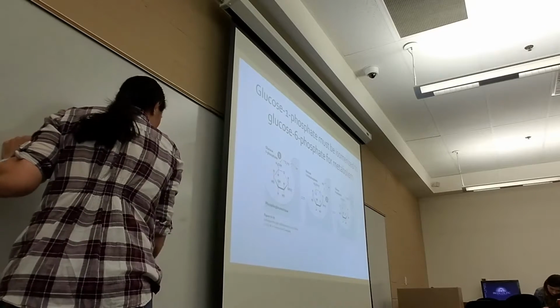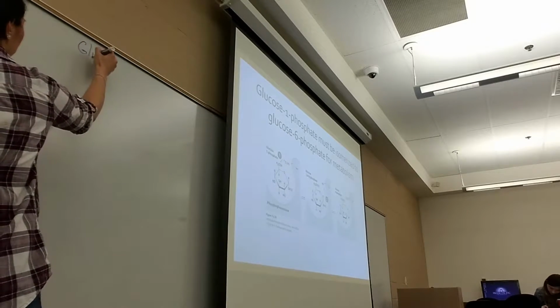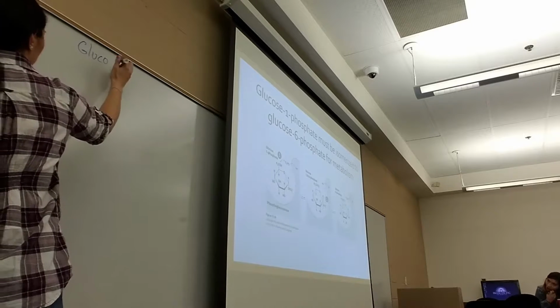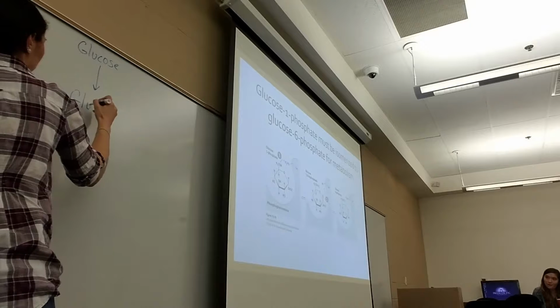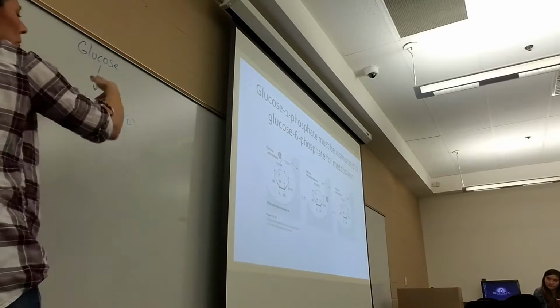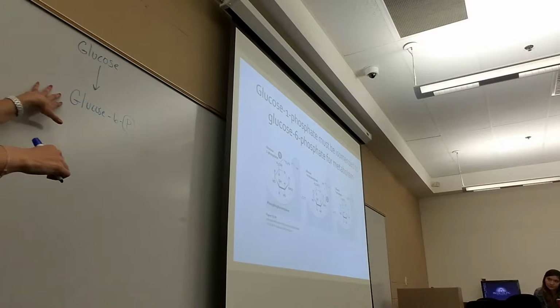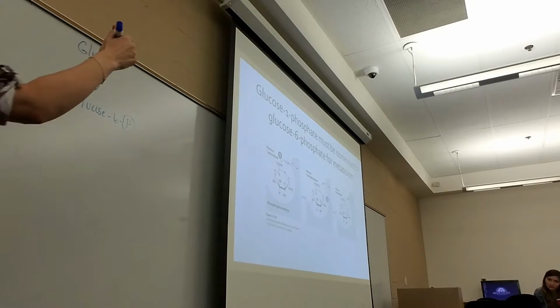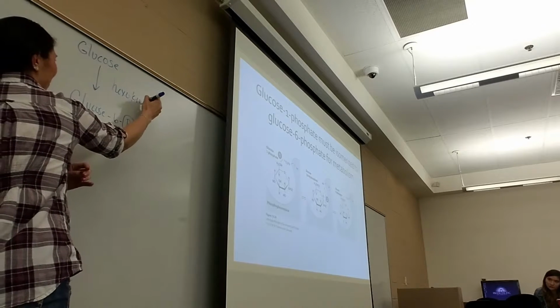So when we're entering glycolysis from glycogen, this would be our first step in glycolysis, right? Glucose to glucose 6-phosphate. What's the enzyme that catalyzes that? Hexokinase, right?